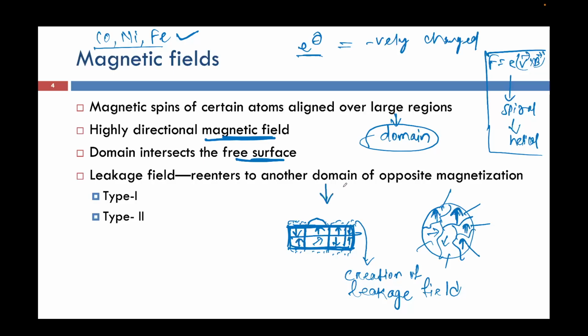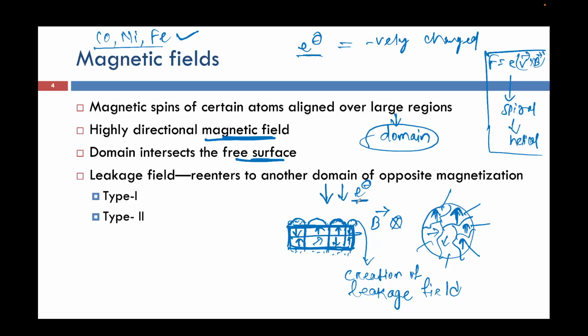When the leakage field is created, say my incident electron beam is coming, and it is a negatively charged particle. Since the magnetic field is already produced by this magnetic domain, when the beam interacts with this field, some amount of force will act on the incident beam.